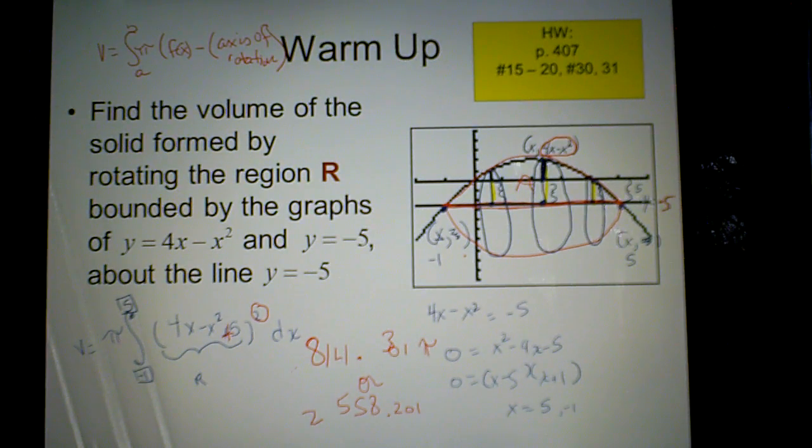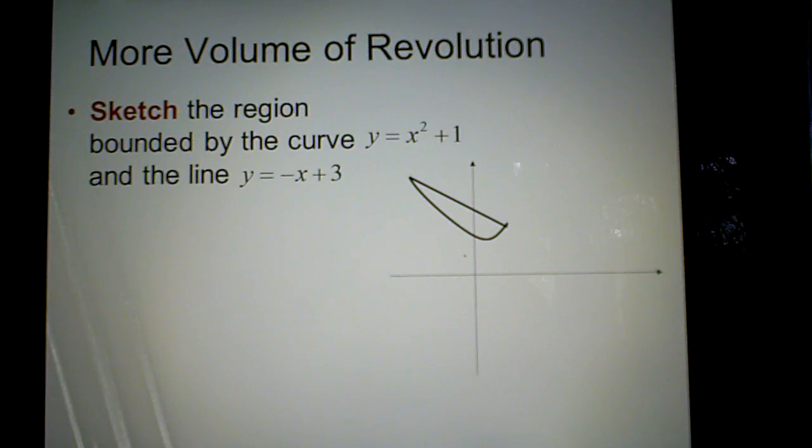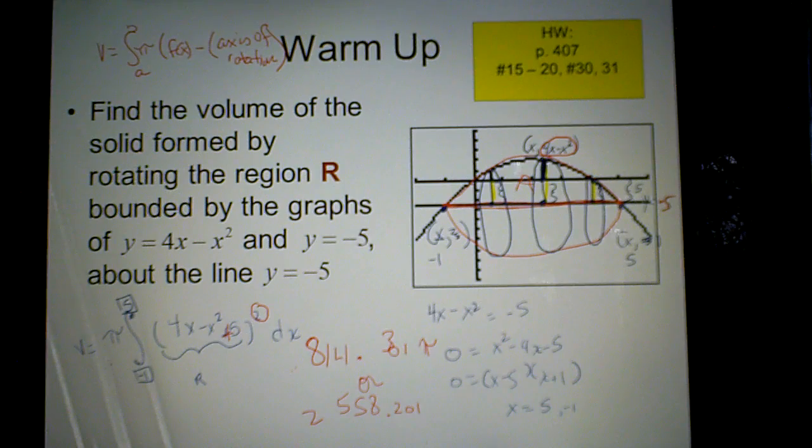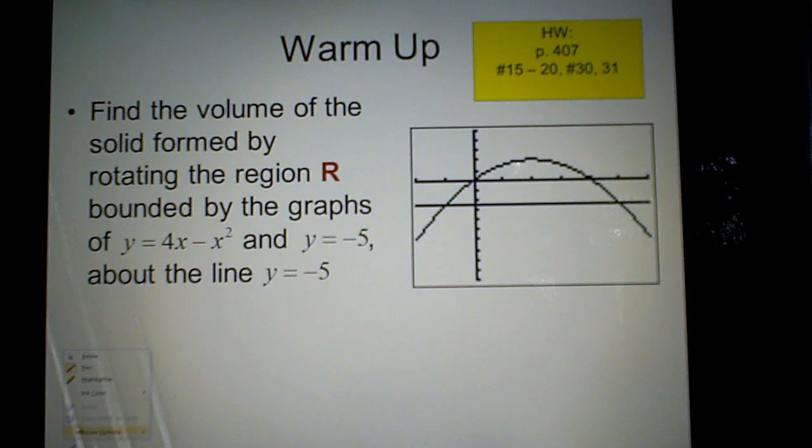All right, so let's go on to another volume of revolution. So the same kind of setup, except I want you to notice here, I'm going to erase all this drawing, that here was my image, here was the area that I was going to spin, and I want you to notice that the area I'm spinning completely lies against the axis of rotation.